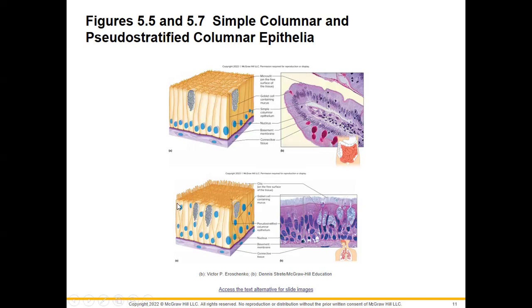Then you have these blue dots, which are the nuclei. And you notice how they're not all at the same level. Some are near the basement membrane, some are just above that, and some are toward the top. The thing is that all of these cells can be traced back down to this basement membrane. So all of these are one layer, pseudostratified columnar epithelium.